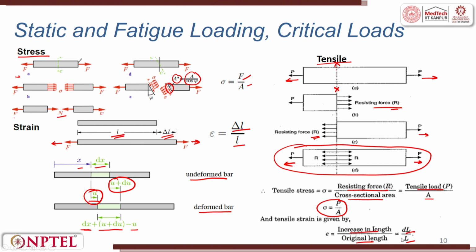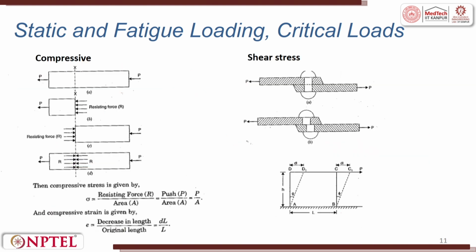In the case of the compressive load, the forces are acting in the same direction, the things are being compressed. So here also the force is acting in the negative direction, and the resisting force is also in the same direction in this case. Here the load is acting in this direction; in figure C the resisting force is in the opposite direction.